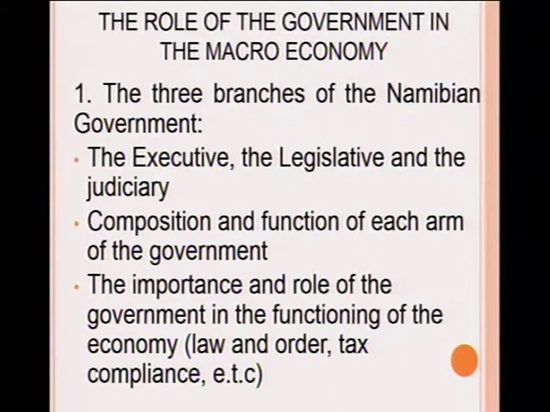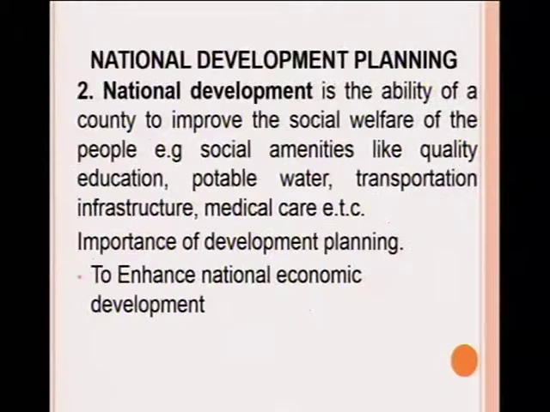In other words, what is their role in making sure that the economy develops? And we can look at things like law and order, tax compliance, and all that. That is how the government can make sure that the economy is working.